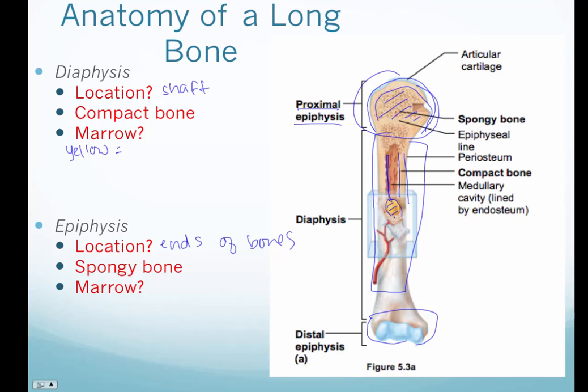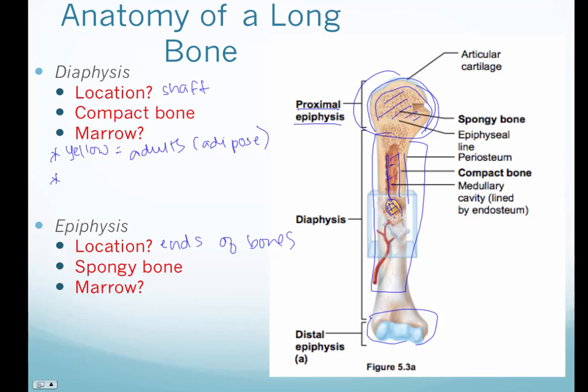And this is found in adults. And yellow marrow is really adipose. And I know sometimes people like eating the marrow of, what is it, like cows, or I don't know if they eat it of pigs, but of cows, I think, all that yummy, delicious stuff. So that's all the fat that they eat.